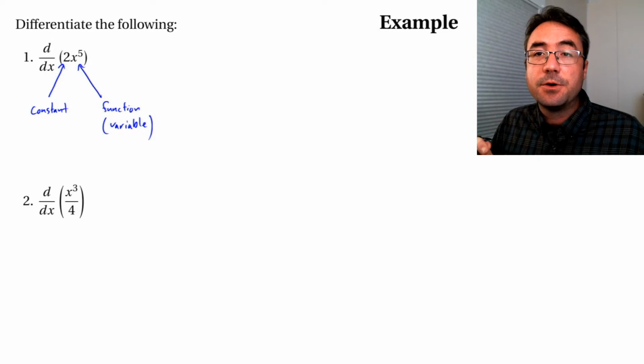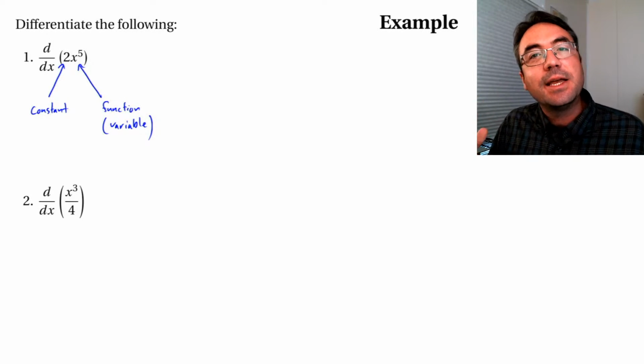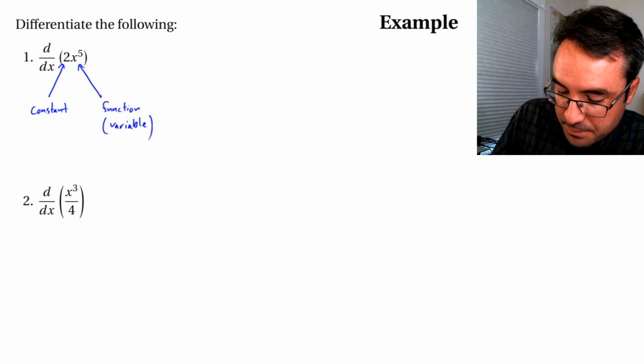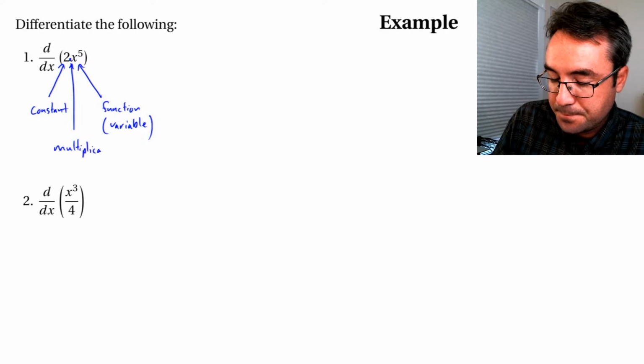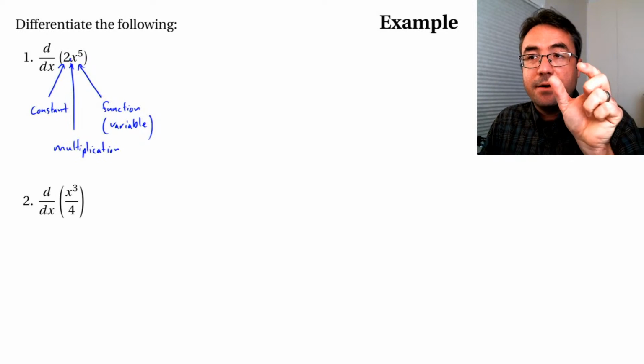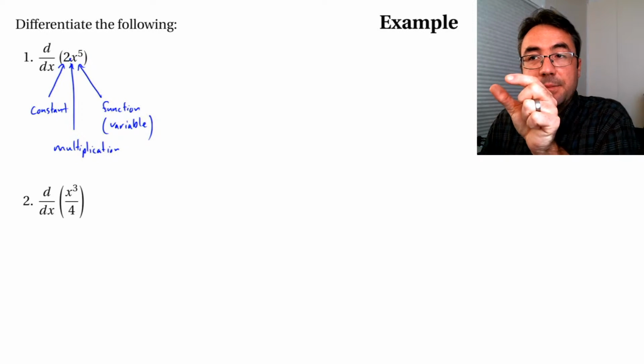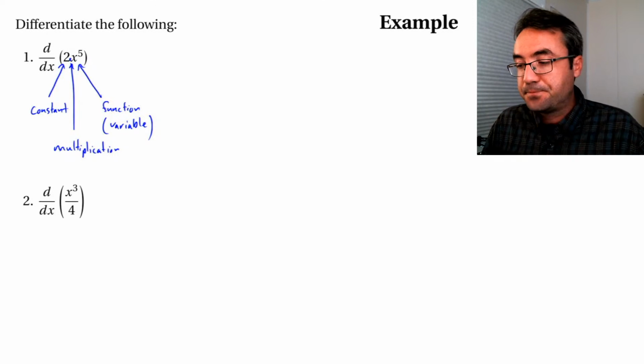In between those two, it's not really written. We don't generally write the multiplication sign there, but it's implied that there's actually a multiplication in between. So we have a number 2 times our variable term.